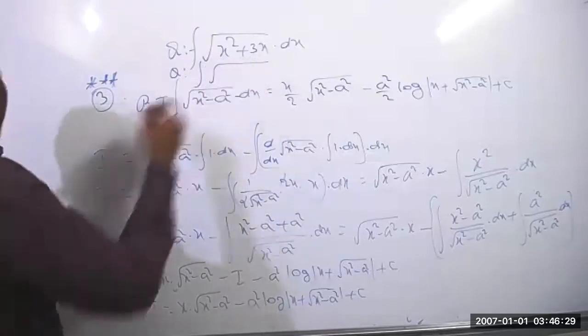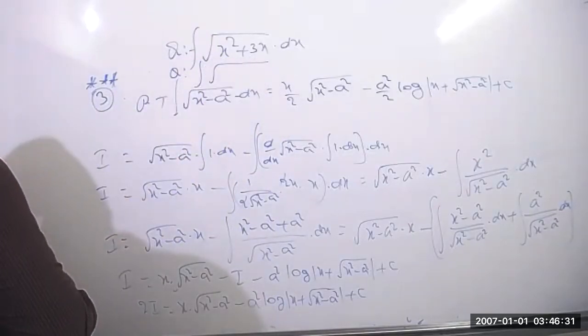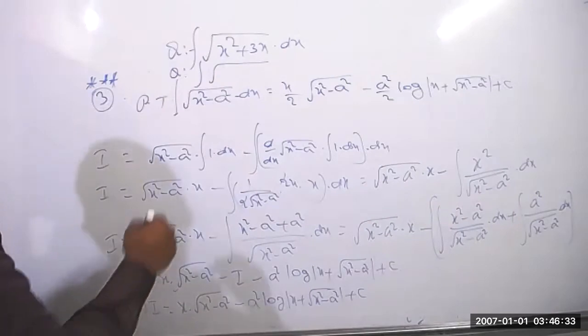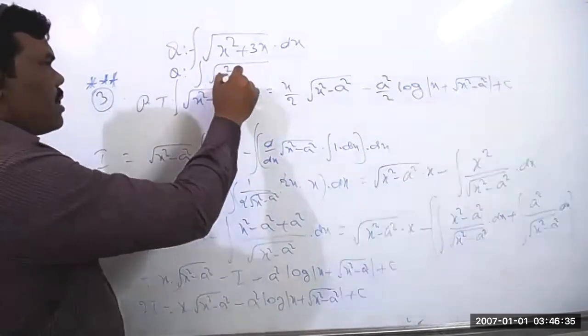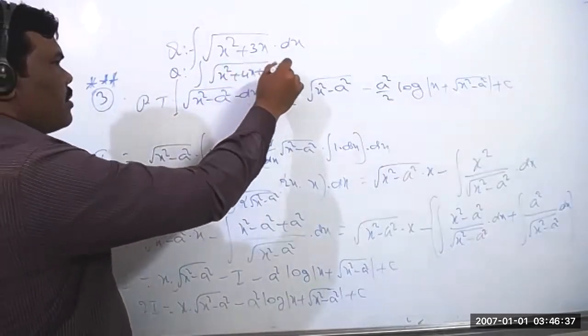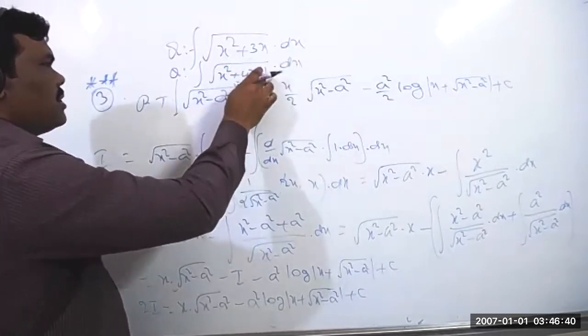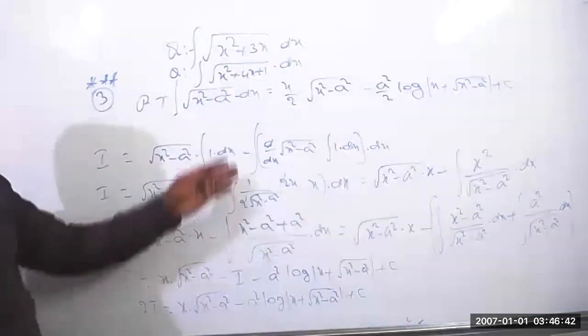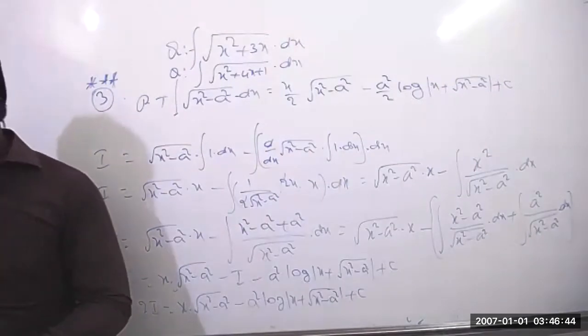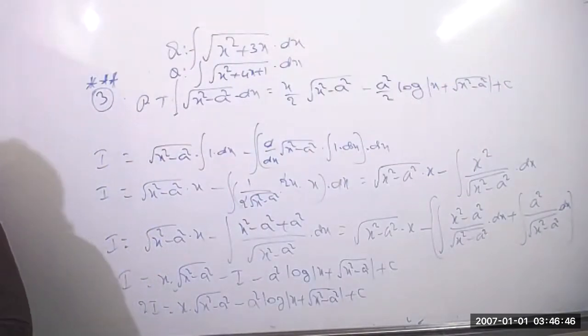Integration of root of x square plus 4x plus 1 into dx. We'll get this from the formula for the second one. But the method will be the same for everything.